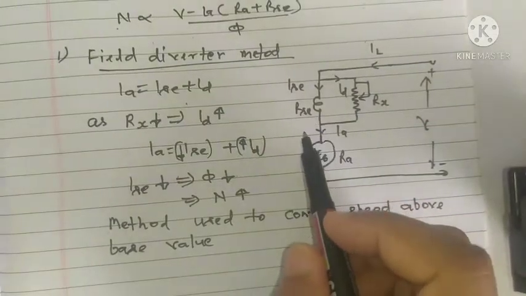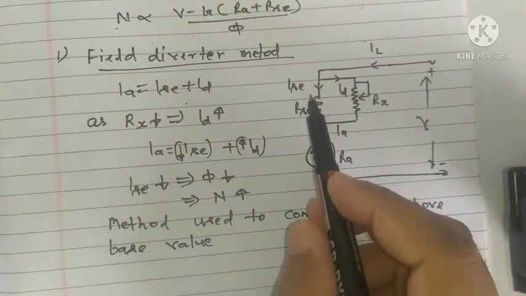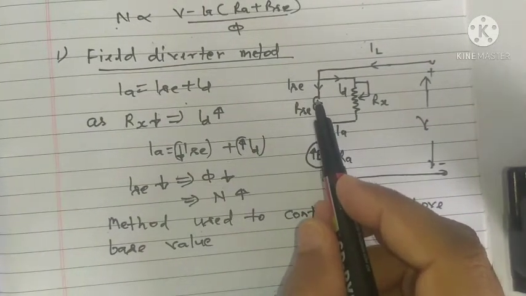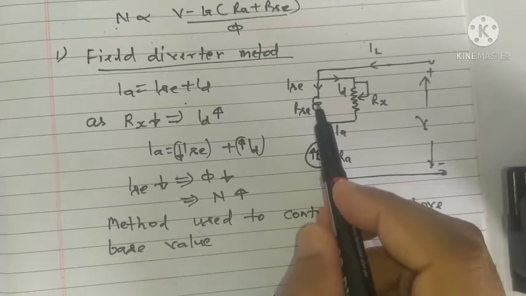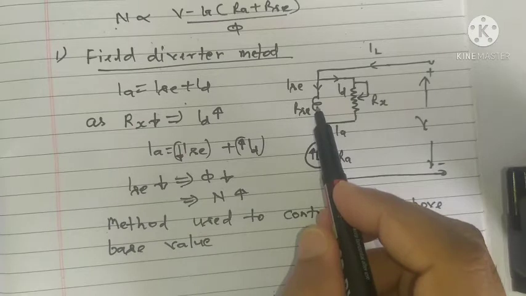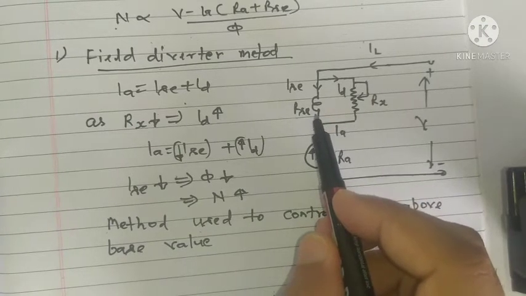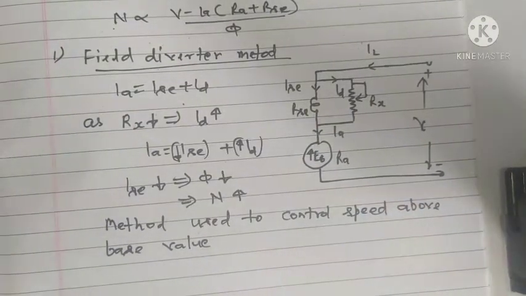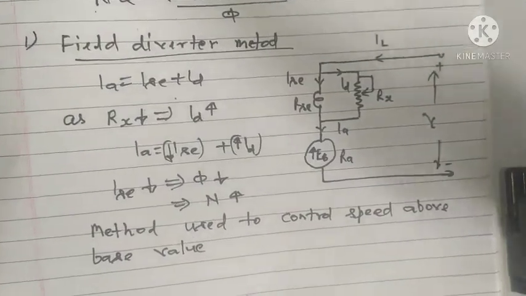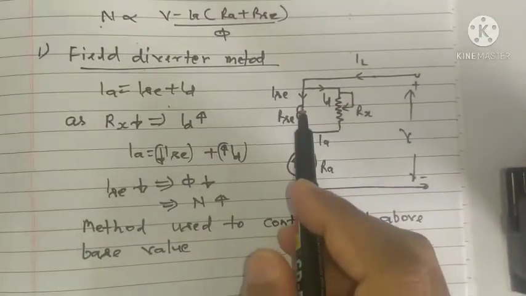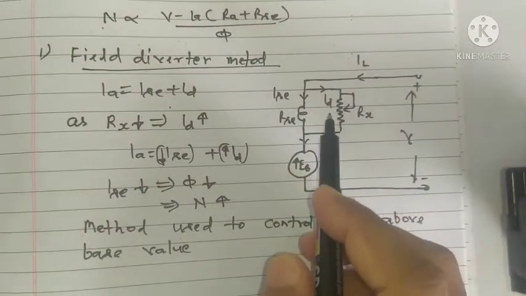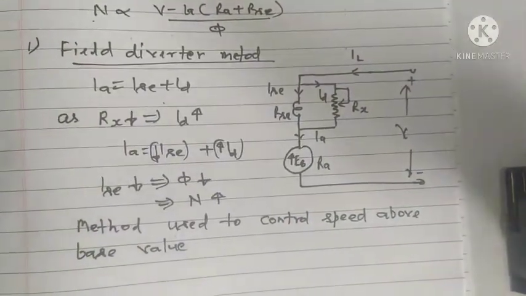Because we have control on field current. Field current can be decreased, but cannot be increased above rated value. So if field current is decreased, obviously speed will increase, because there is an inverse relation between field current and speed. So this is what the field diverter is. We are diverting some of the field current through external resistance, right?